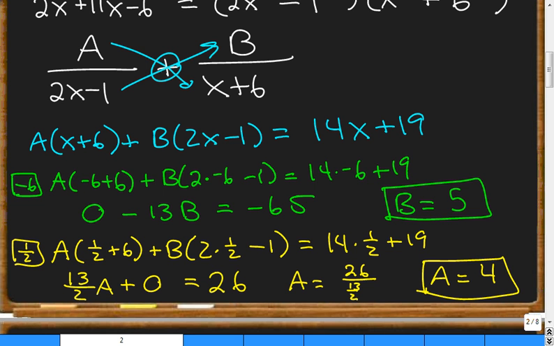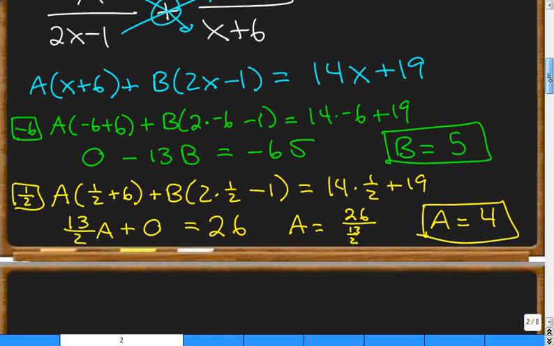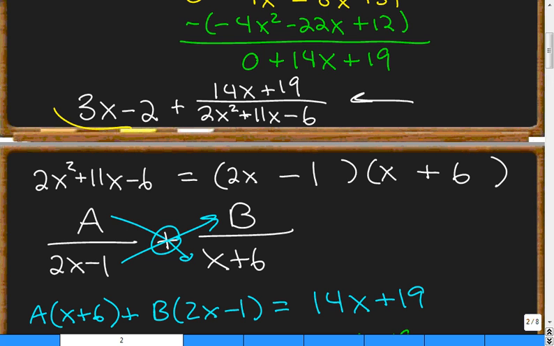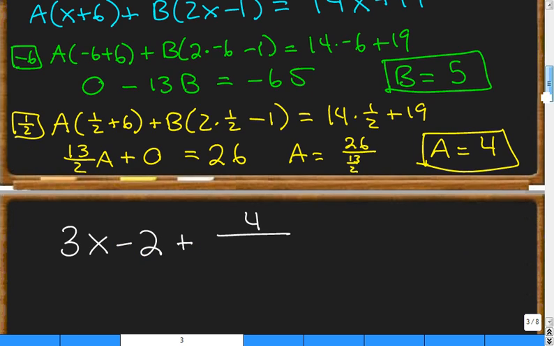So now we have these answers, so we can go ahead and finally write out everything that we need. We remember from the beginning, we had this 3x minus 2. That is going to be a part of our answer. So we have 3x minus 2. We then have our A value, which is 4, divided by 2x minus 1.